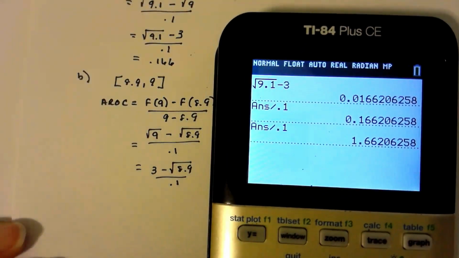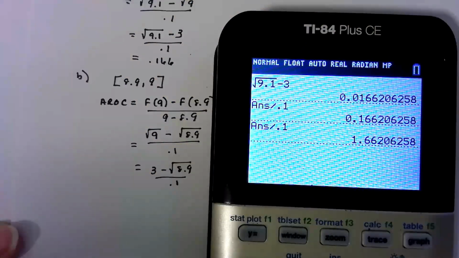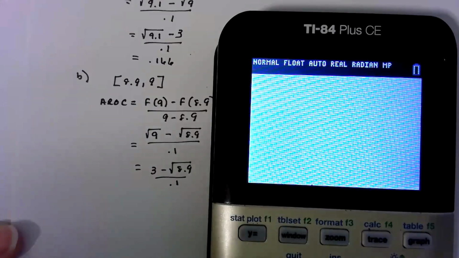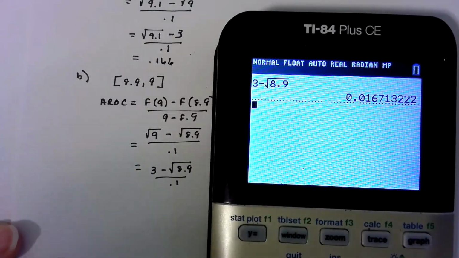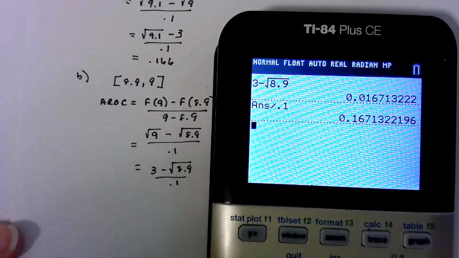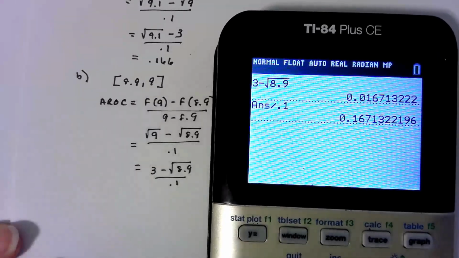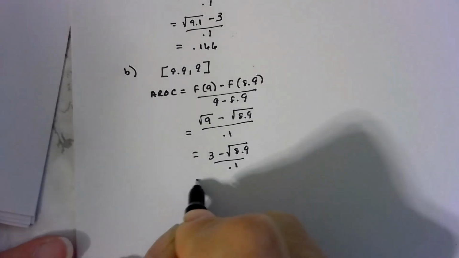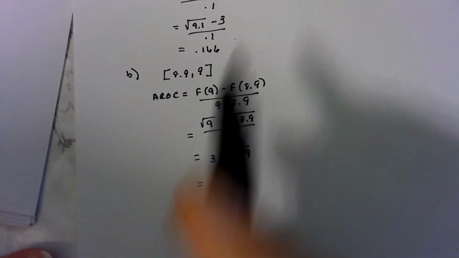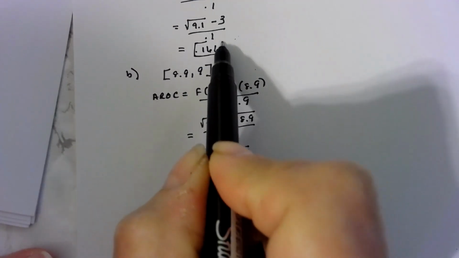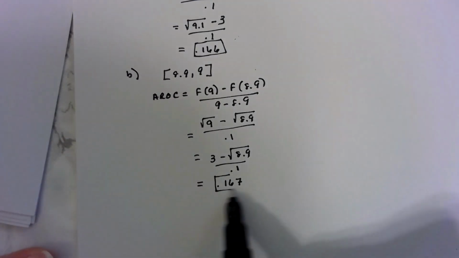Move this over here. So I've got 3 minus root 8.9 divided by 0.1 is 0.167. This is 0.167. So this is part A. That's the answer to part A. This is the answer to part B.